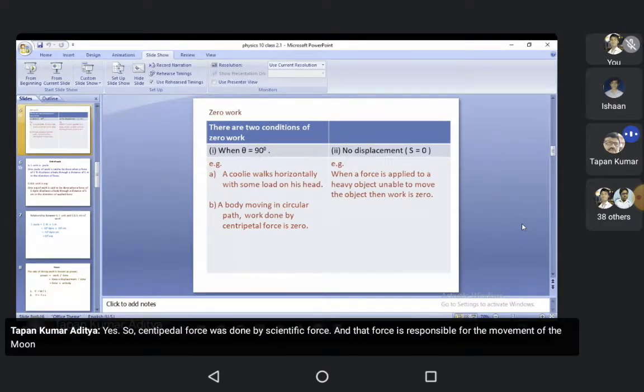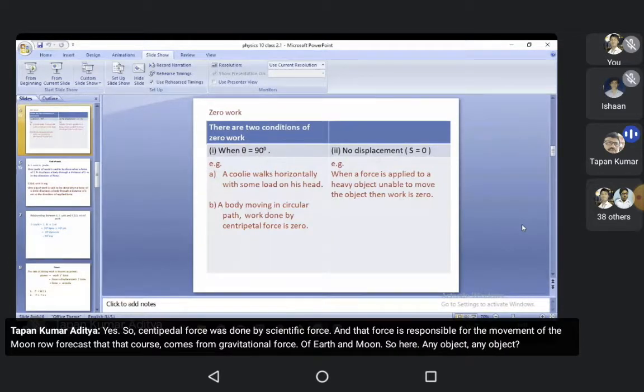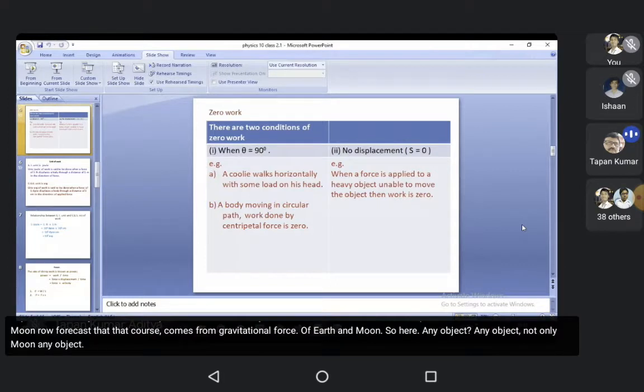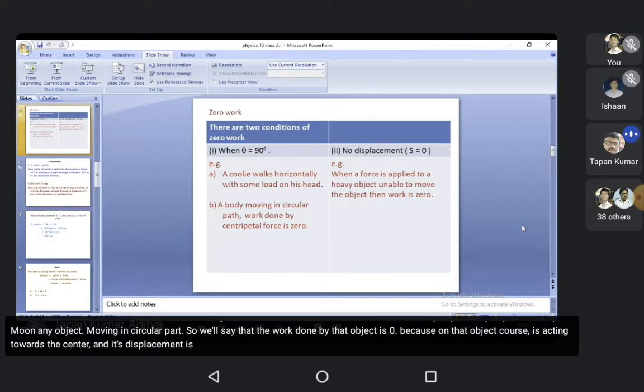That force comes from the gravitational force of Earth and Moon. So here, any object, not only Moon, any object moving in a circular path, we'll say that the work done by that object is zero, because on that object, force is acting towards the center and its displacement is along the tangent. Okay?